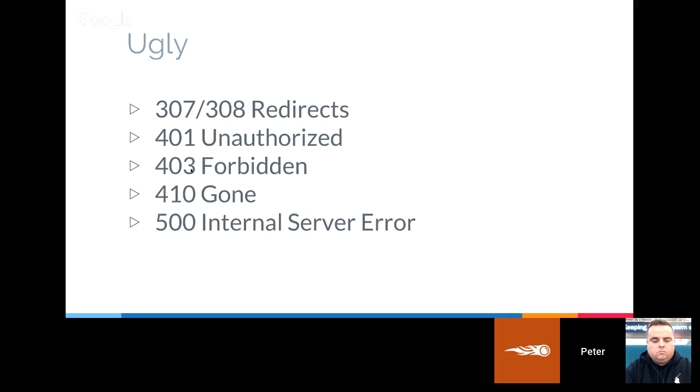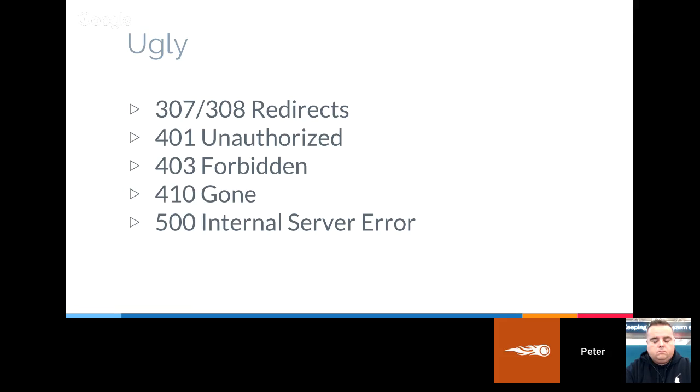This is forbidden. It's forbidden to be crawled or displayed. Also another very bad one is 410, which means that the page is gone. And 500, which means internal server error. You should never return that to Google, and you should observe your web log file to see what's actually going on.